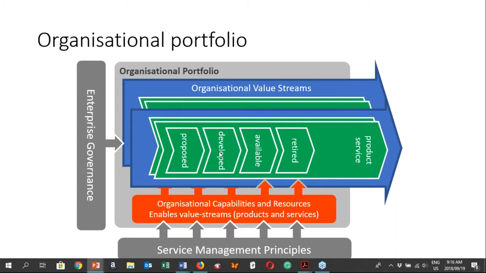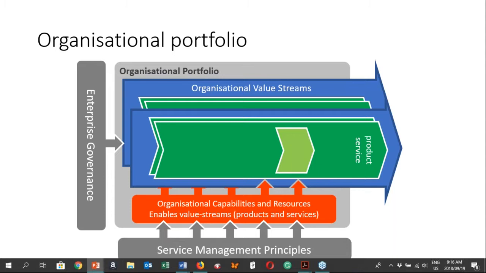So for each one of these products or services you will always have a view in the portfolio of its current state, and the state will change. As we go through the normal life cycle of a product or a service, the view within the portfolio should also change until we've actually decided to retire a product or a service.